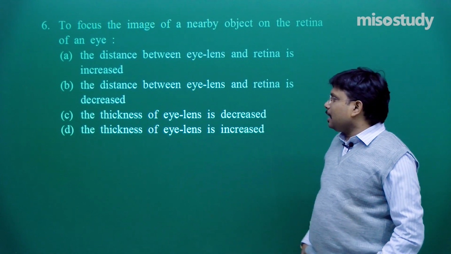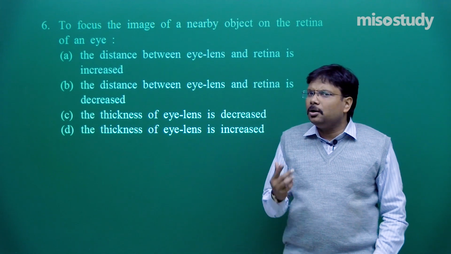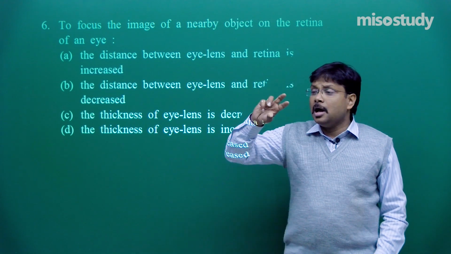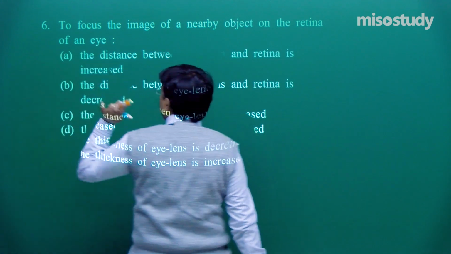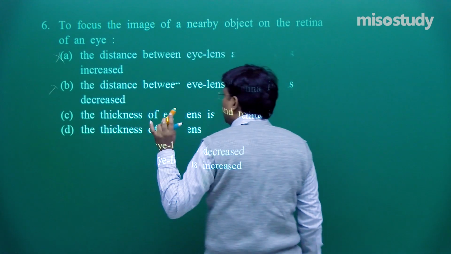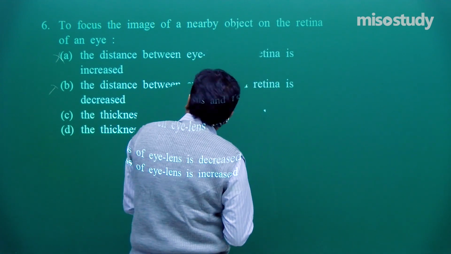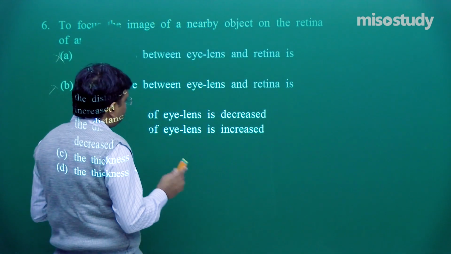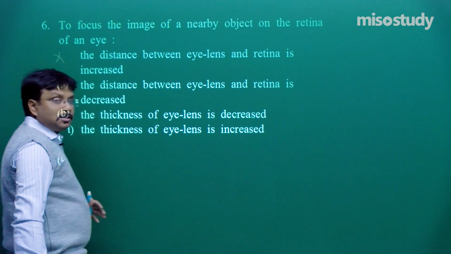So up to some extent these 2 points show some possibility on the basis of this changing focal length. So first A is not applicable, B is not applicable. About C and D, let us discuss this situation. So the thickness of eye lens is increased.